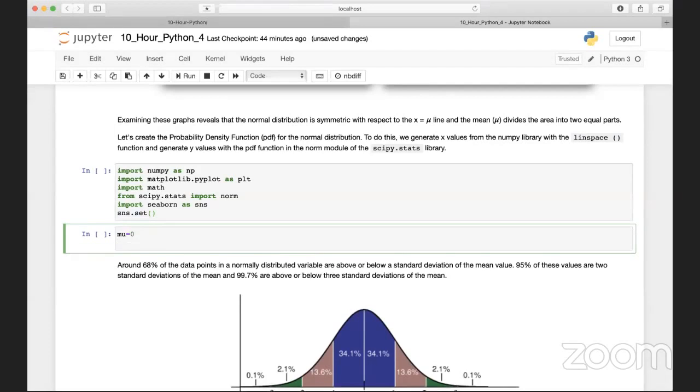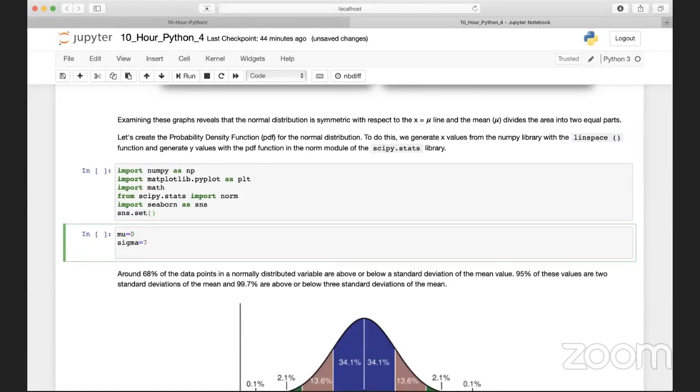So let's define the parameters. Mu represents the mean by convention. Sigma is equal to 7. It is the standard deviation. X is equal to linspace. You know what linspace is? Linspace generates equally and linearly divided numbers.